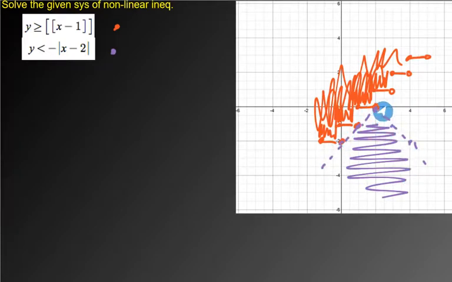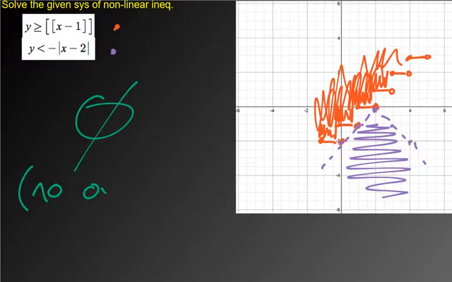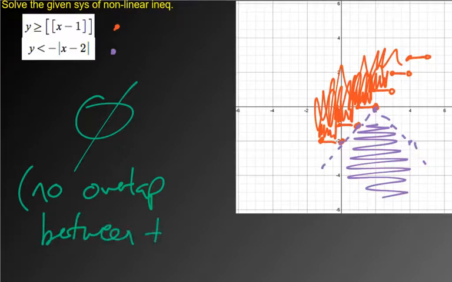I'm just doing that to get the template, the shape of the graph. So really, there is no overlap right here. This is like a one-dimensional barrier between the shaded stuff here and the shaded stuff here. So this is a problem where there is no solution, because there is no overlap between the two graphs. Which is kind of weird, but you can definitely get that.